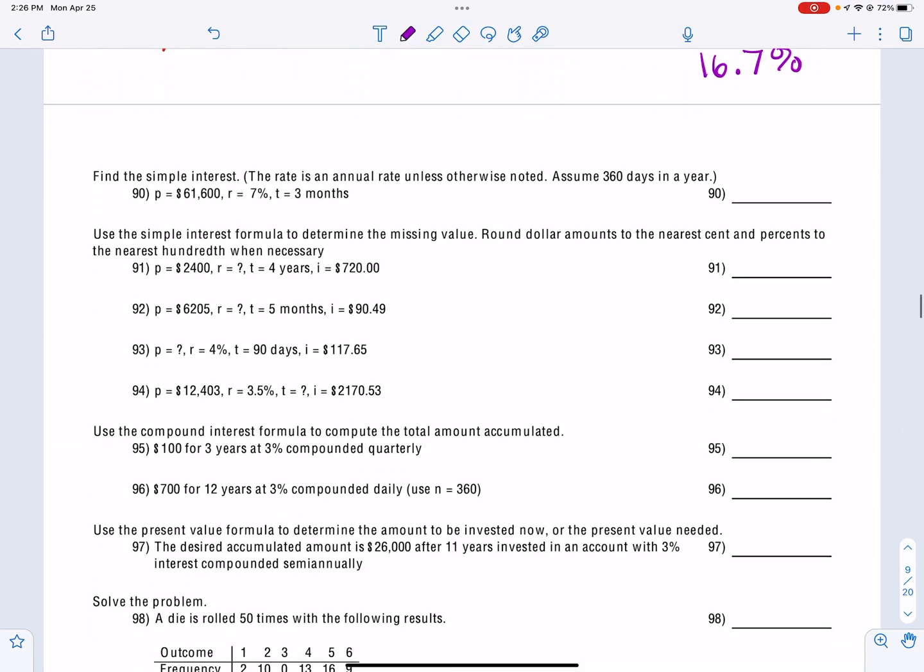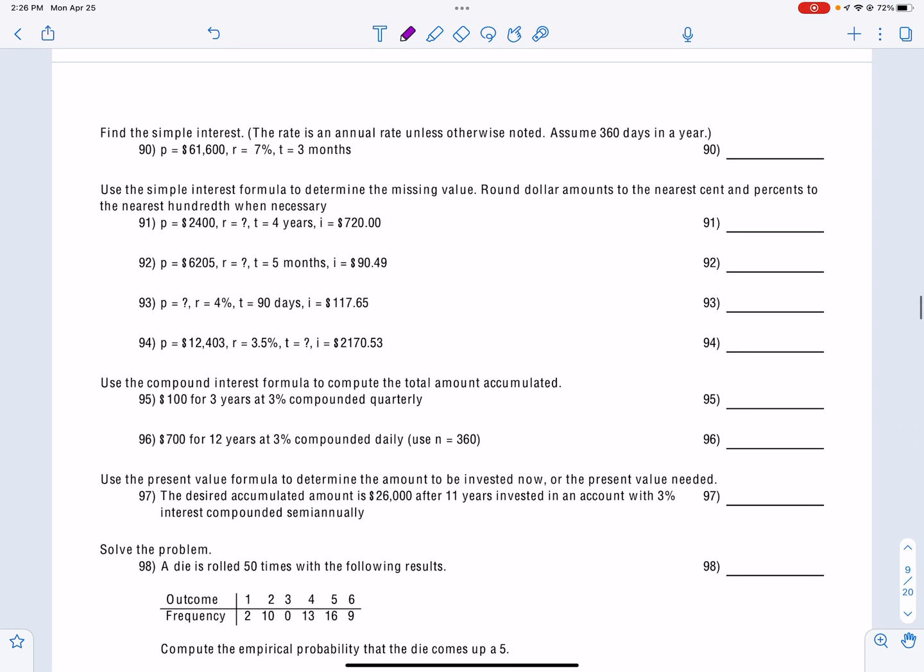Continuing into chapter 10 with our interest formulas, you need to make sure that your time is in years. So we're going to have to convert 3 months out of 12 months, which is going to be a nice decimal of 0.25. And so we are using simple interest. The other thing I'm going to change is 7% as a decimal without the percent sign.